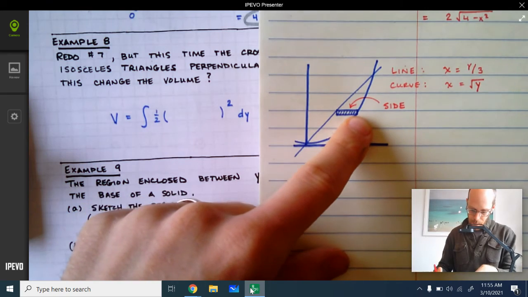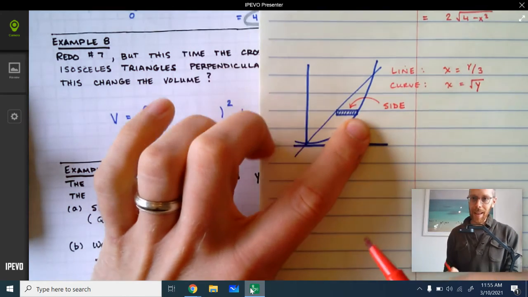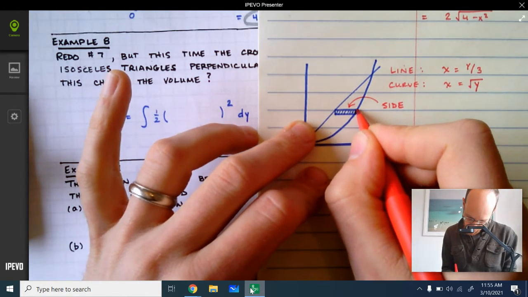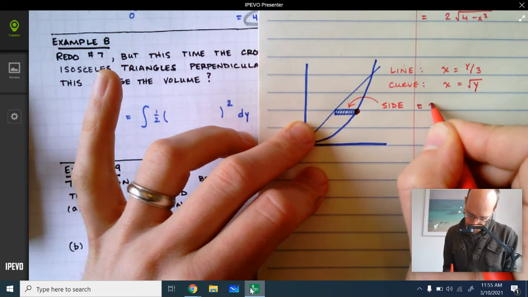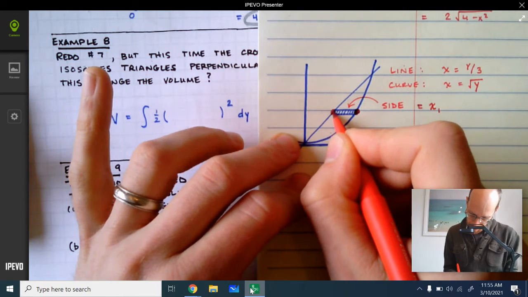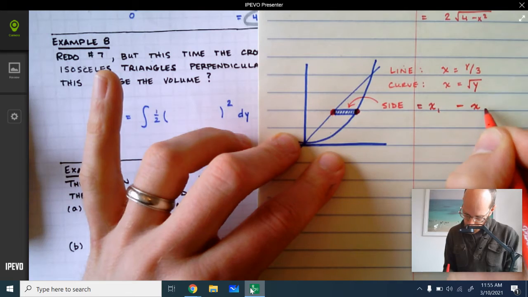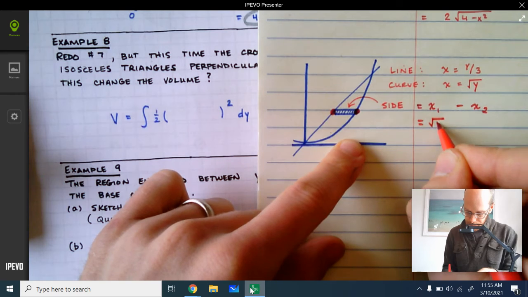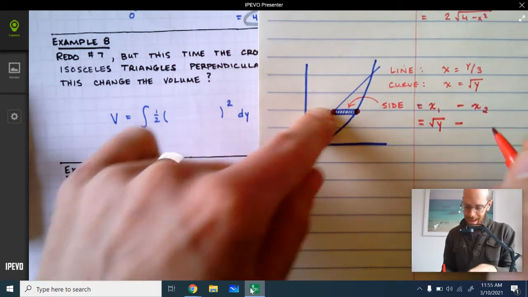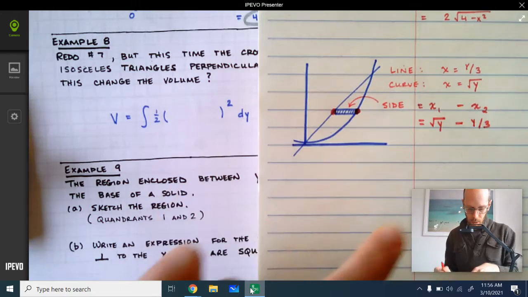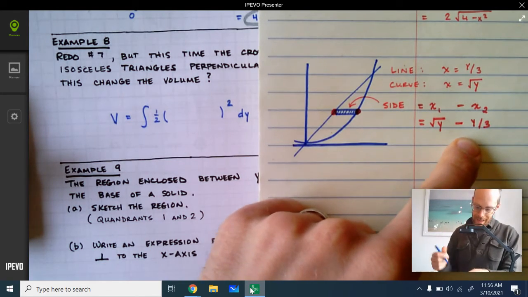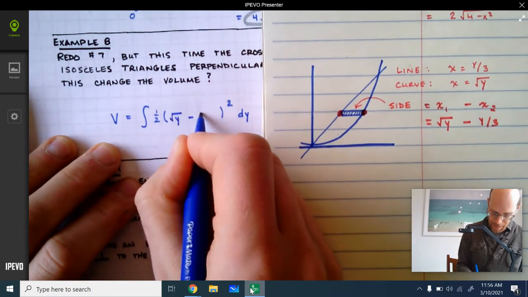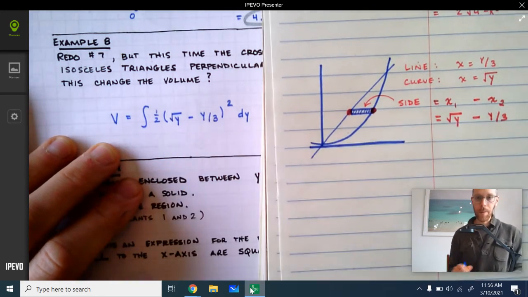Now, because this is a dy problem, we need the line and the curve to be in terms of y, and our side length is going to be the difference between the x value that is further to the right and the x value that is further to the left. The one further to the right is the curve. The one further to the left is the line. So our equation for the side length is going to be this. It will be the square root of y minus y over 3 squared.